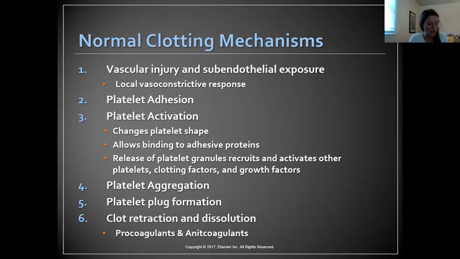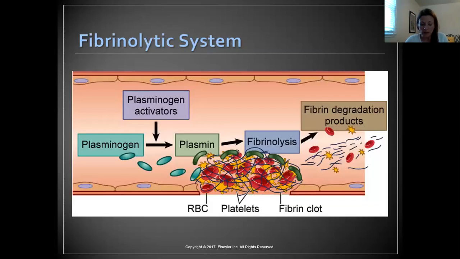Antithrombin keeps blood in a fluid state by antagonizing thrombin. The fibrinolytic system is the second means of maintaining blood in its fluid form. It results in dissolution of the fibrin clot. The fibrinolytic system is initiated when plasminogen is activated into plasmin.